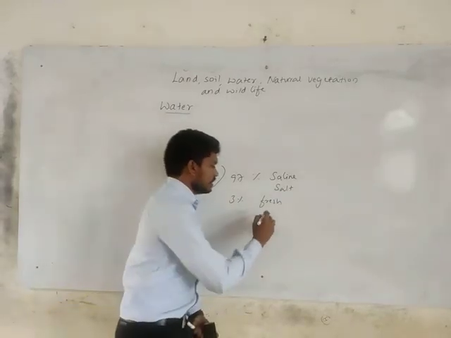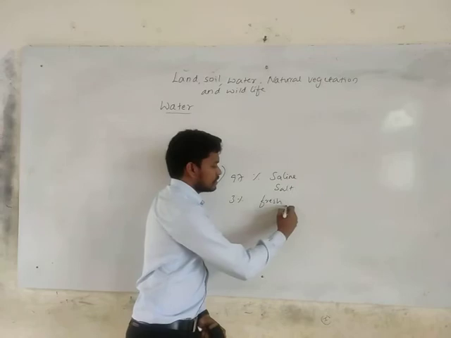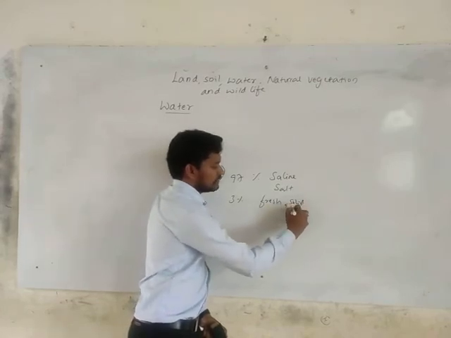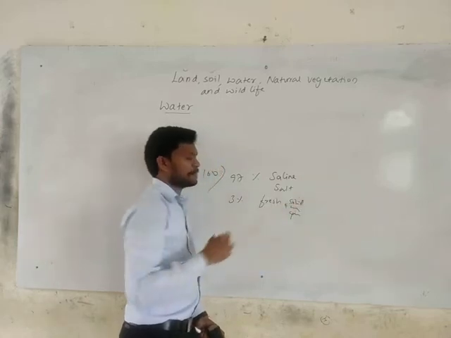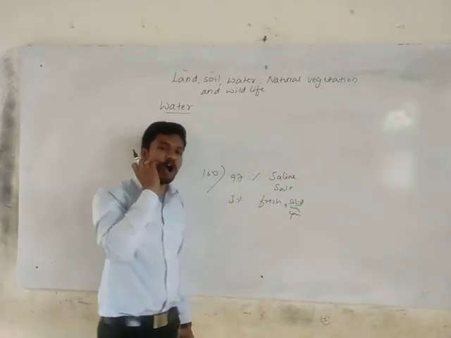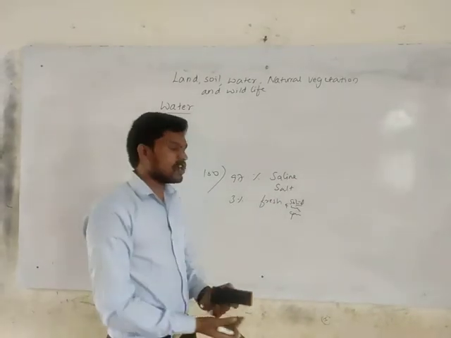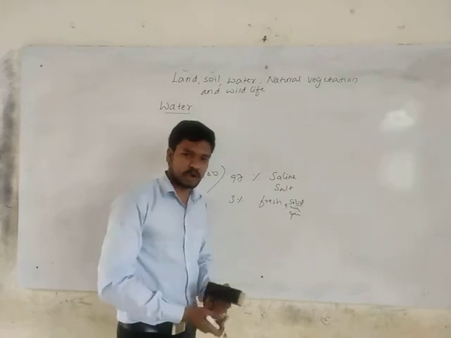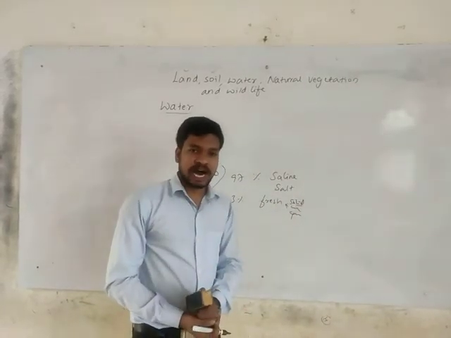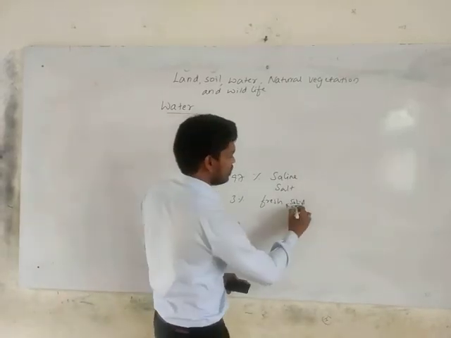But this fresh water is found in three forms: solid, liquid, and gases. Solid, like glaciers and ice caps. It's hard. We cannot drink that water, even though it's fresh water. Himalayan mountain ranges are covered by ice, is it not? It's fresh water, but we cannot drink it because it is in solid form.